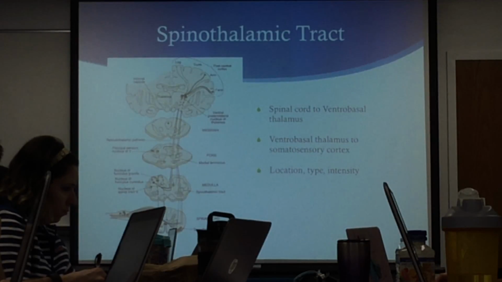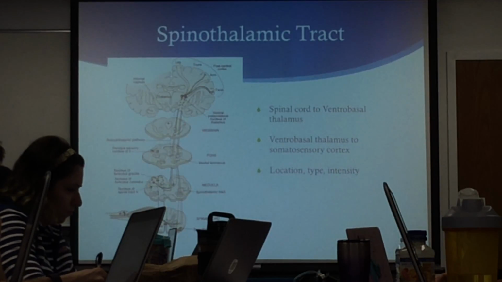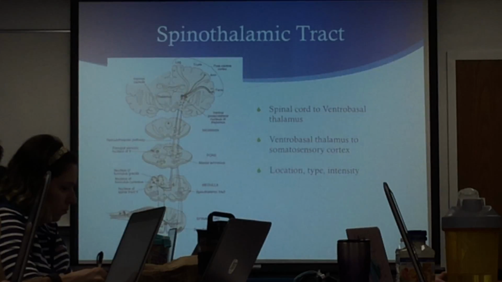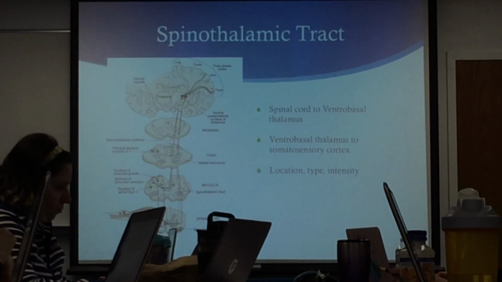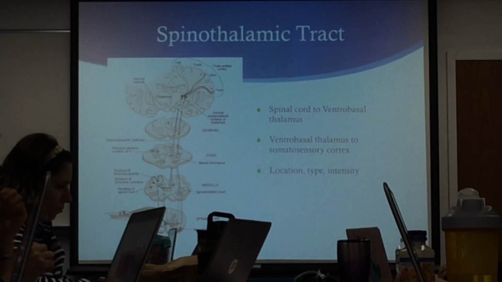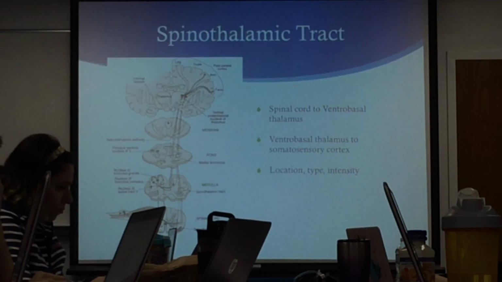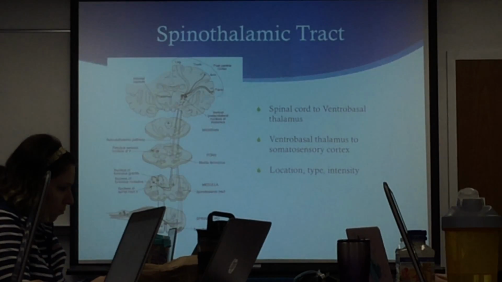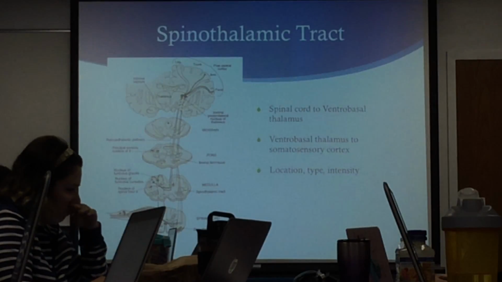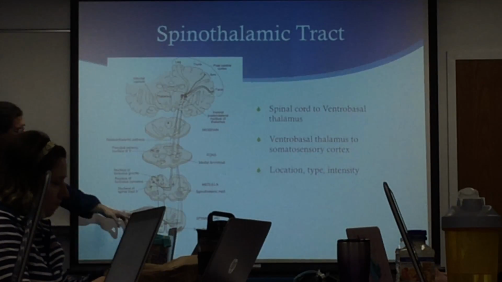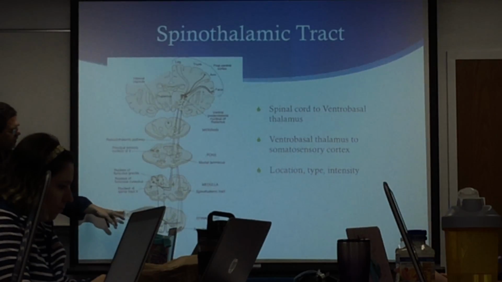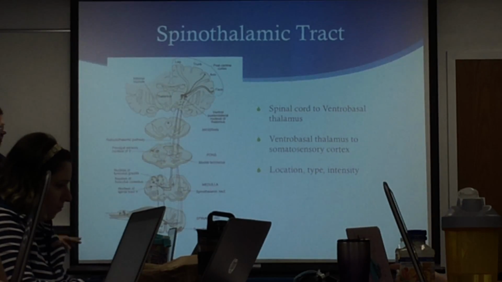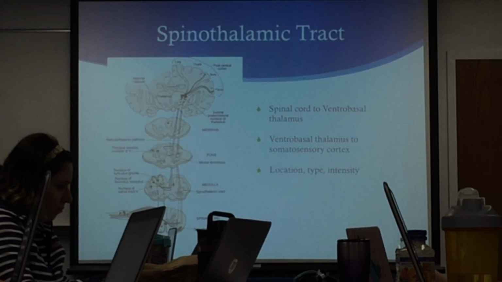So as I said, the spinothalamic tract is the pain transmission pathway that encodes stimulus type, location, and intensity. The input from the nociceptor comes into the dorsal border of the spinal cord. This is the dorsal root ganglia, where the cell bodies of the nociceptors are located, and they synapse in the dorsal horn of the spinal cord.